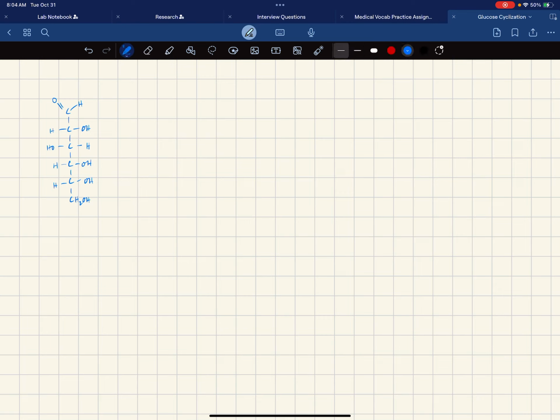So if I were to draw it like that, okay, this is a hydrogen. We're not counting that as a carbon. That's the aldehyde hydrogen. This is carbon 1, 2, 3, 4, 5, and 6 in that order right there.